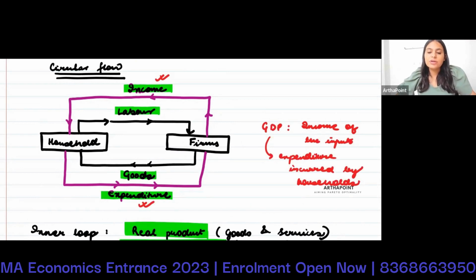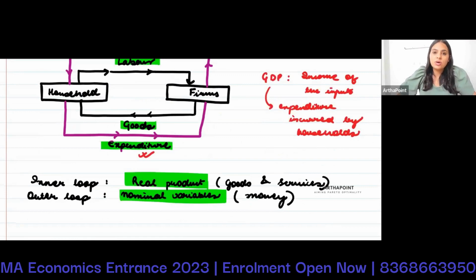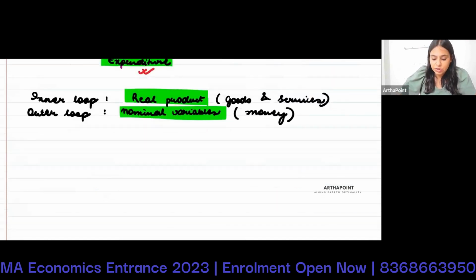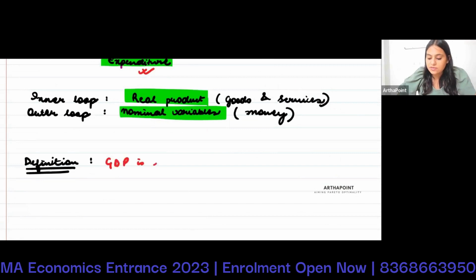Now, whenever we talk about this GDP, based on what we have done till now, we can give a formal definition of GDP. And we want to focus on this definition a bit. So we can say that GDP is the value of final goods and services produced.